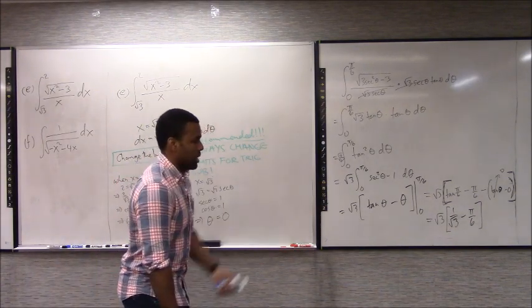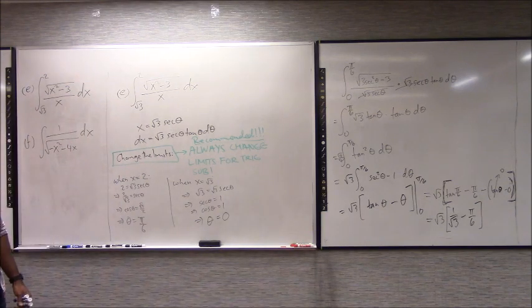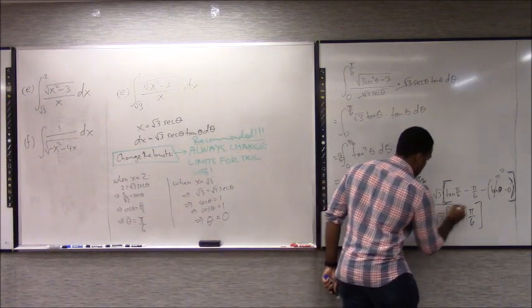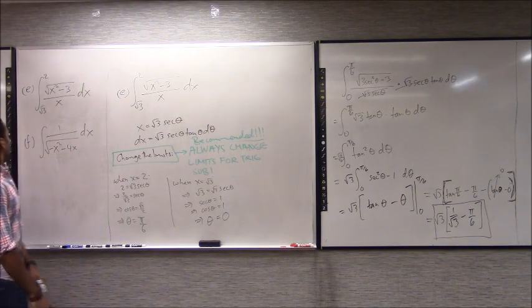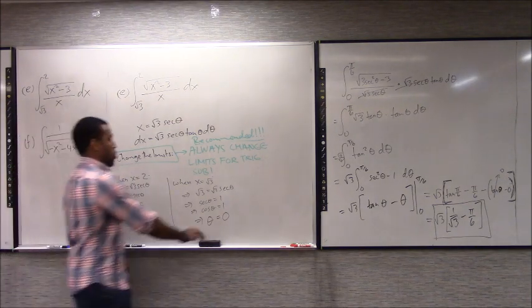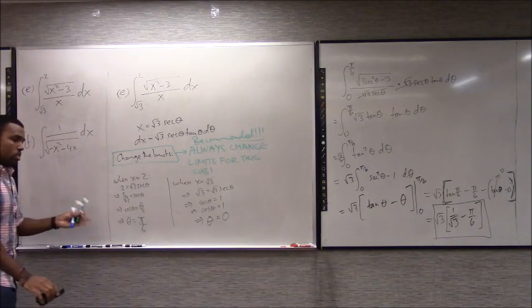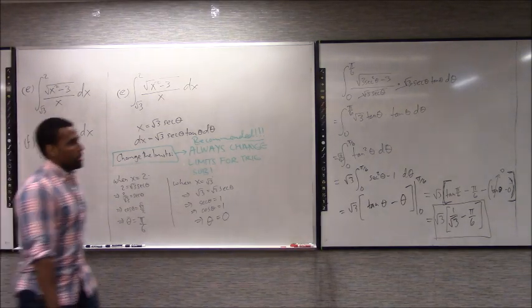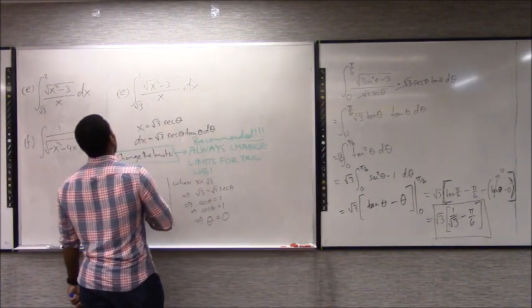You can multiply out and write 1 minus radical 3 pi over 6 if you want, but that's fine. Highly recommend, if you have a definite integral and your approach is a trig sub, you definitely want to change the limits. It'll save you some time.